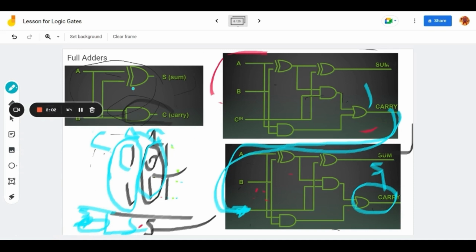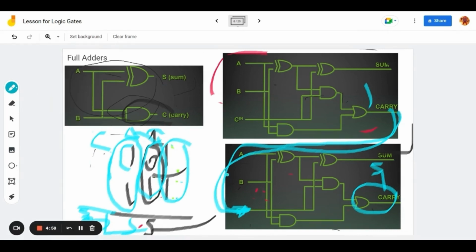So, for summary, the half adders are used for the first row. Then the full adders after that represent each row afterwards, as each row afterwards has one full adder in it.